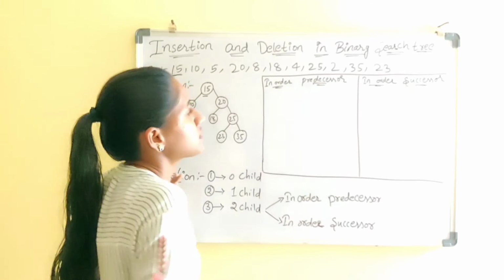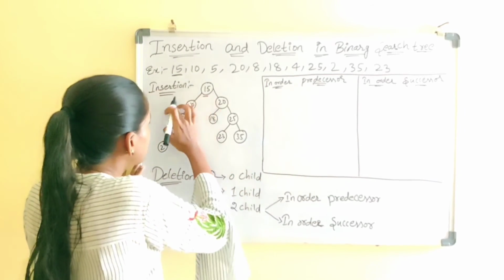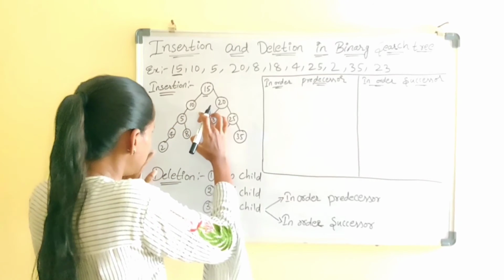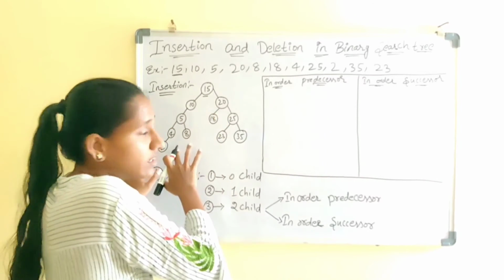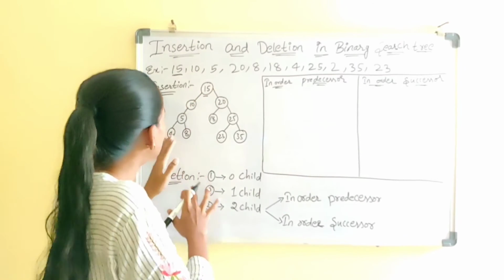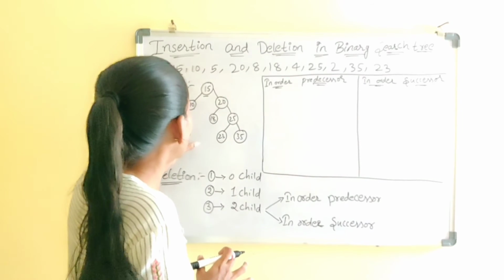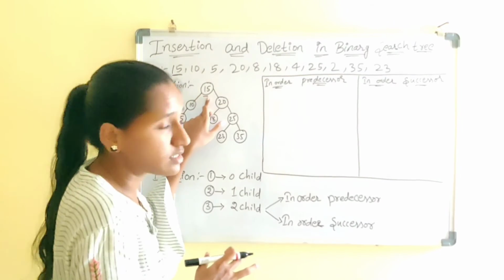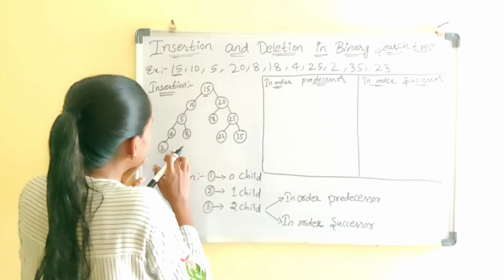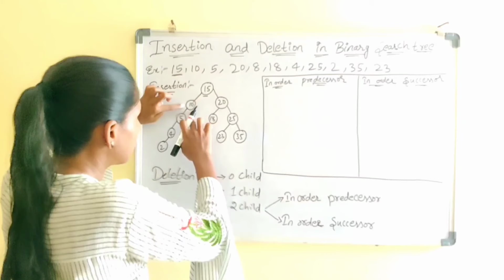In order predecessor means, as I said, when we consider the predecessor, we have to take the greatest value from the left subtree to replace it. Which is the greatest value in this? 10. 10 is the greatest value.